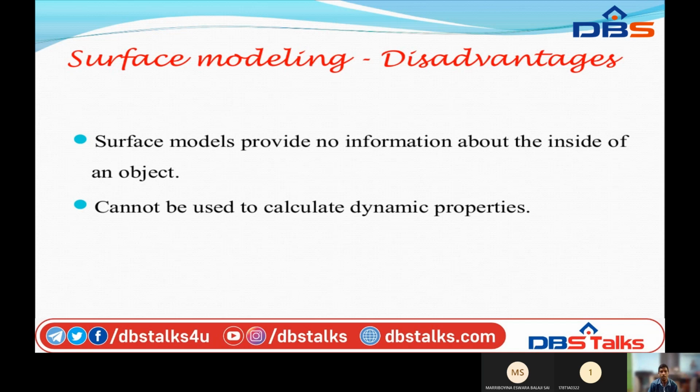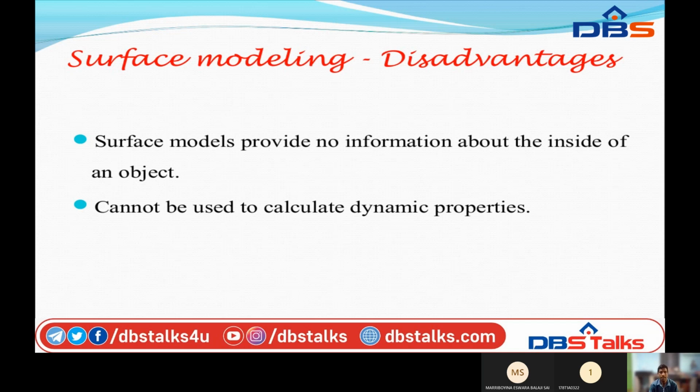But coming to surface modeling, we do not convey the information inside the object. This is a major disadvantage of surface modeling. It also cannot be used for dynamic properties, similar to wireframe modeling, that means stresses and strains.